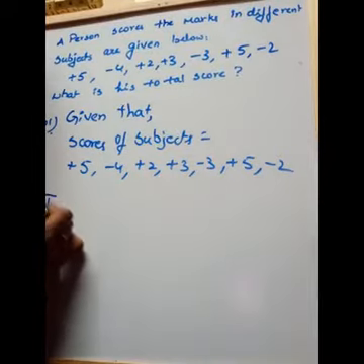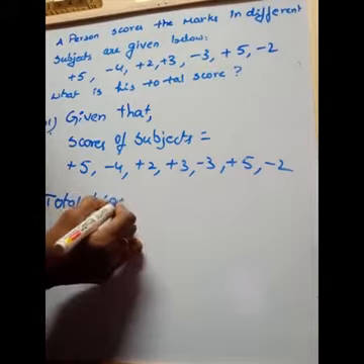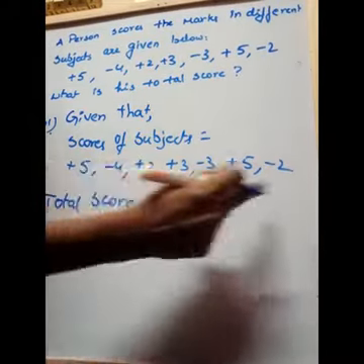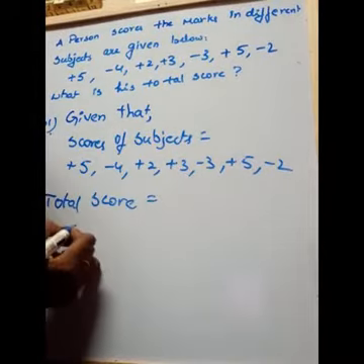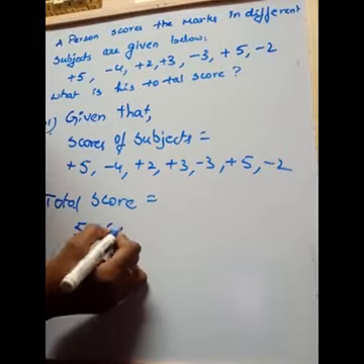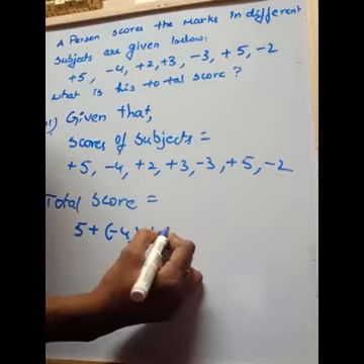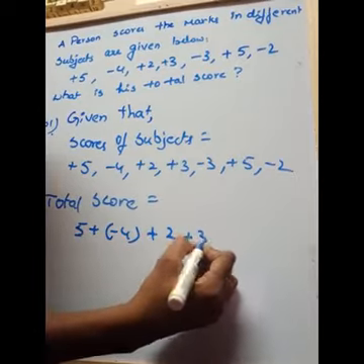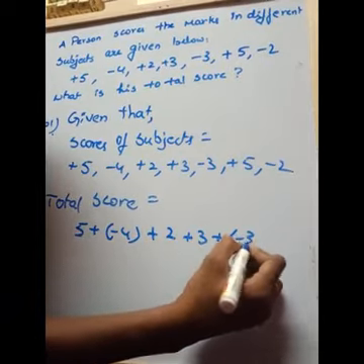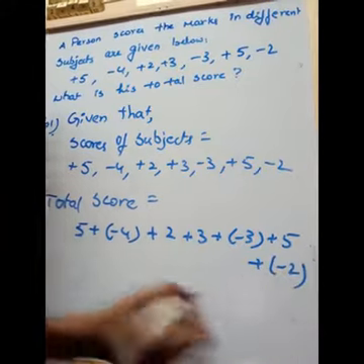Now what will be his total score? Total score will be, you have to add all subject marks. That is 5 plus of minus 4 plus 2 plus 3 plus of minus 3 plus 5 plus of minus 2.